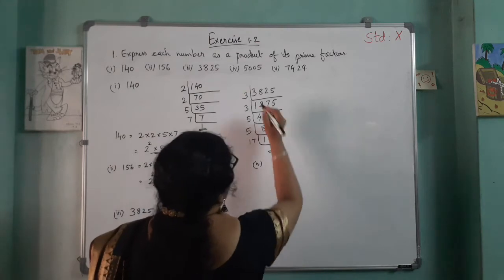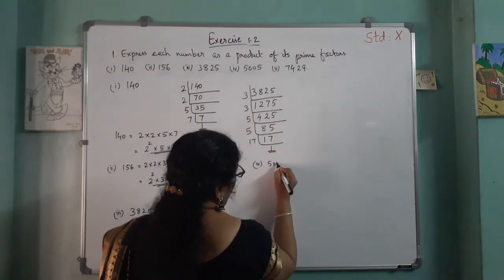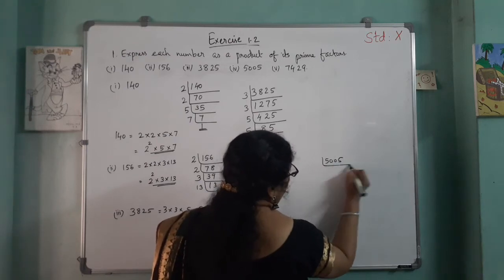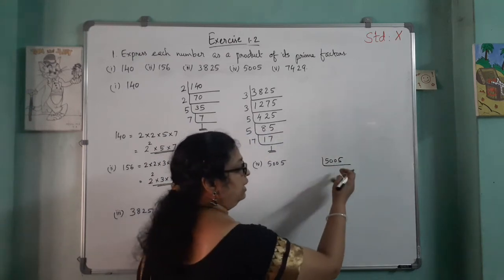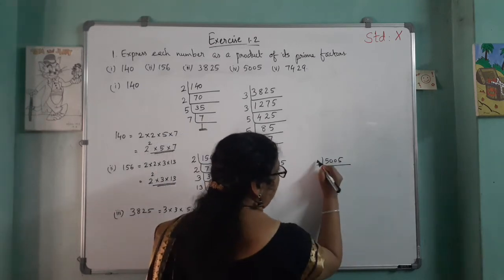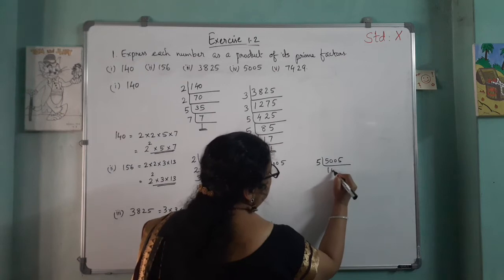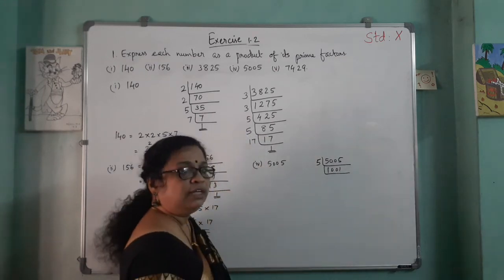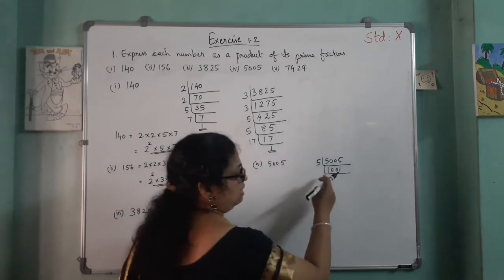Fourth question, 5005. So 5005 we can factorize. Definitely 2 is not a factor. Then 5 plus 5 is 10, so 3 is also not a factor. Then we take 5, and 1001. So here also 5 is not a factor. Next prime number is 7. Is 7 a factor?